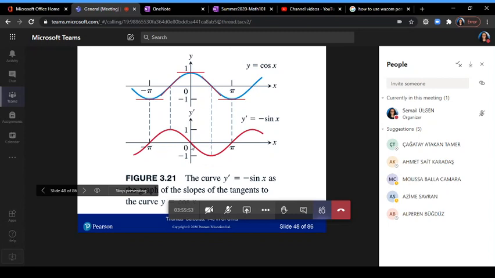Similarly, between negative pi and 0. Let's look at that, negative pi and 0. Look at the tangent lines. The tangent lines are all positive, right? They have the positive slope here. So therefore, between negative pi and 0, the derivative has to be positive, which means above the x-axis, okay? That's how you would draw the graph.